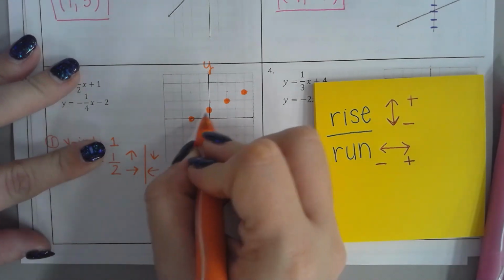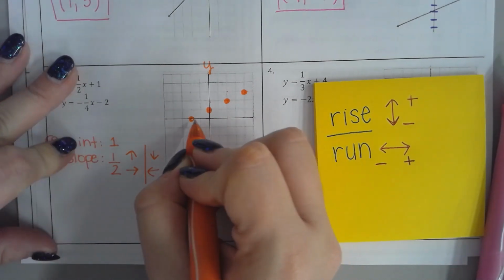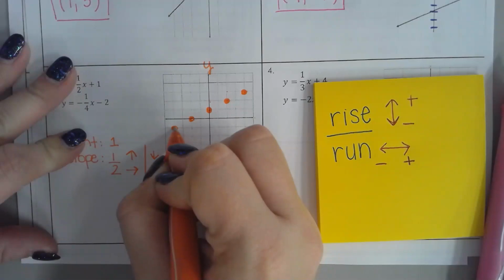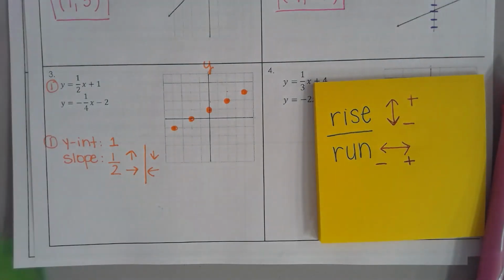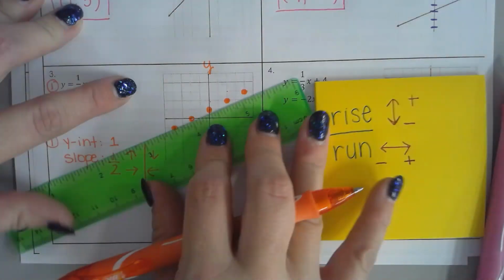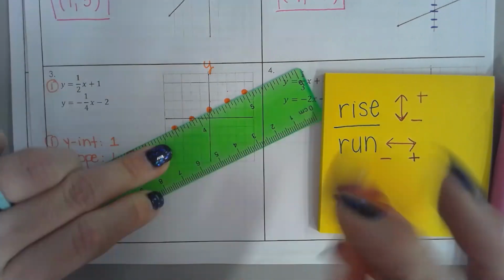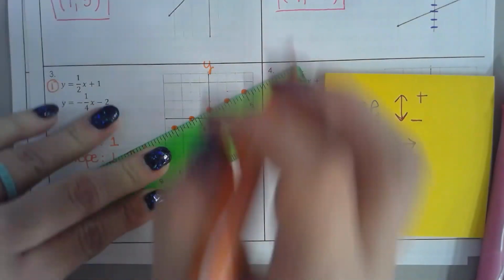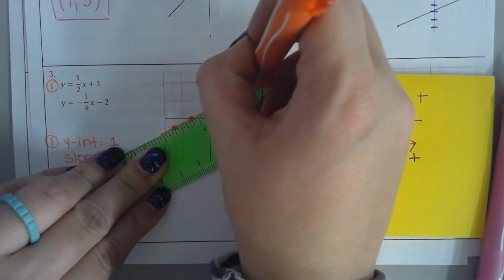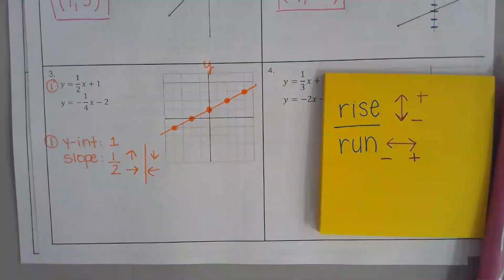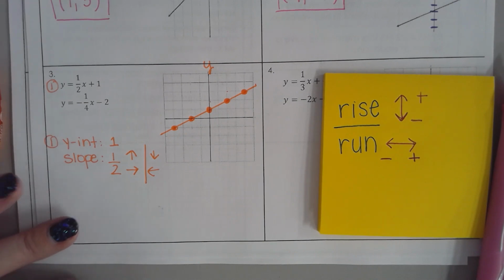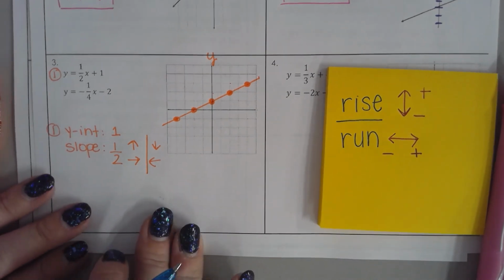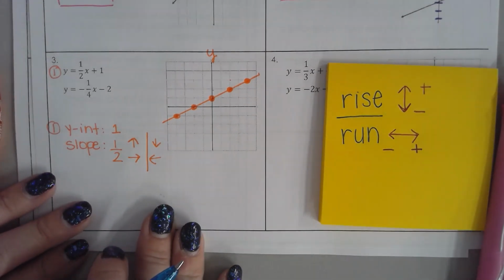And see how it stays right in line? Down 1, left 2. I want you to put as many points that you can fit on your graph, not just the first two. So that's the first line.